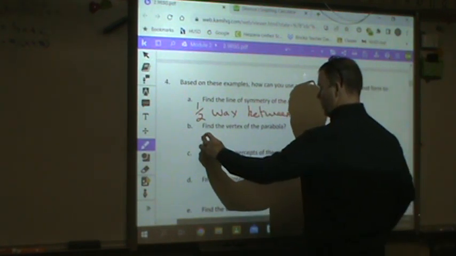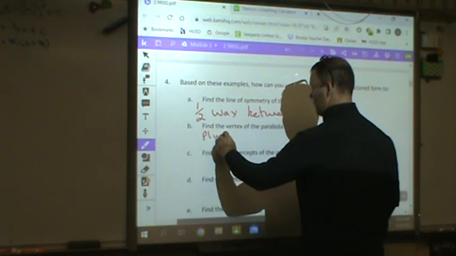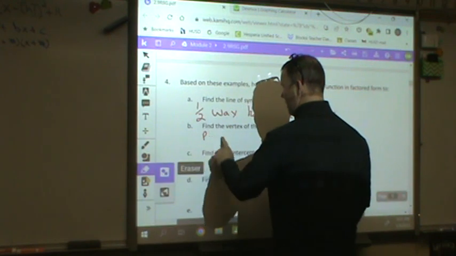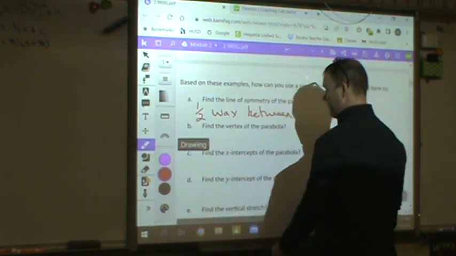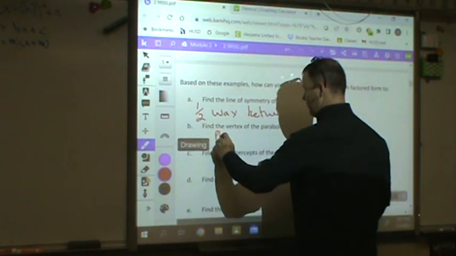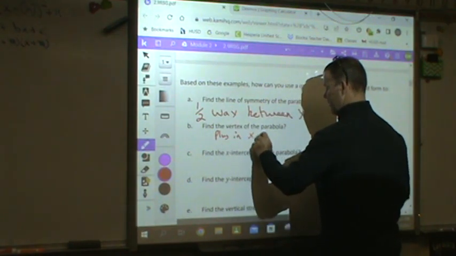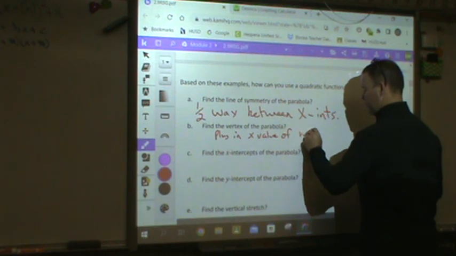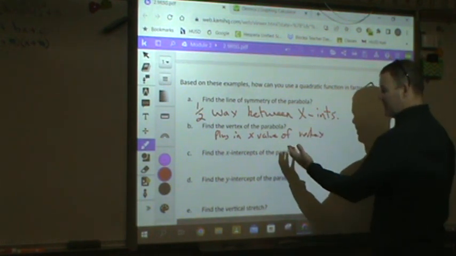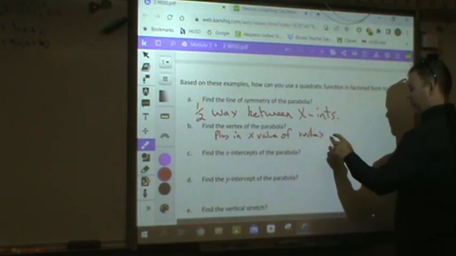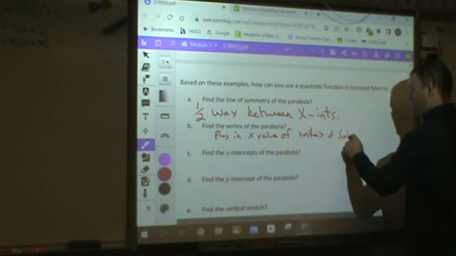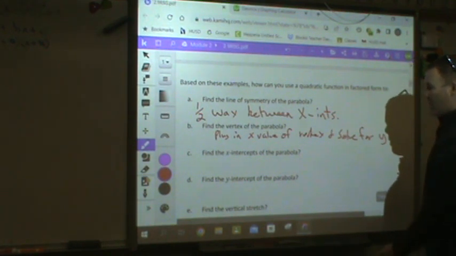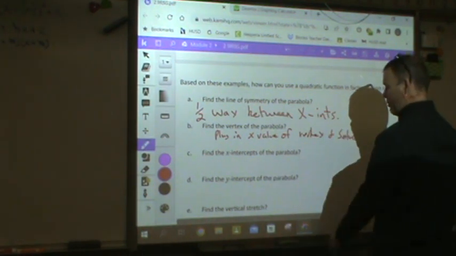Well, we plug in the x value of the vertex, which we know is the line of symmetry, and solve for y.